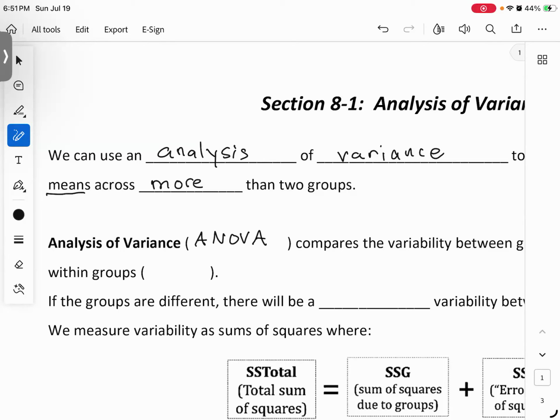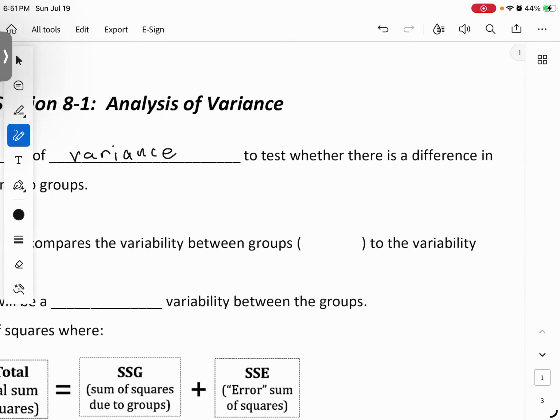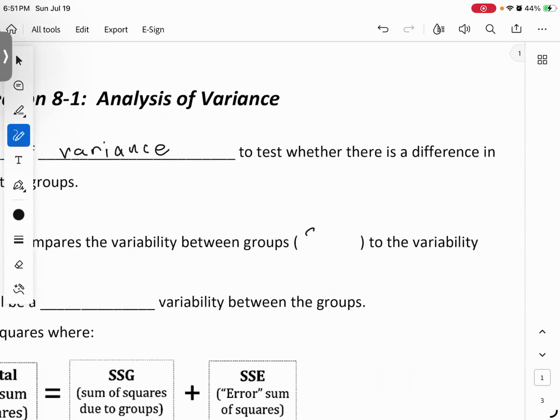Now, when they talk about variance, you're going to see some stuff here that's going to feel like, oh my goodness, this is getting way too technical for me. And we're going to keep it very low key. There is SSG, which is the amount of variance between groups.